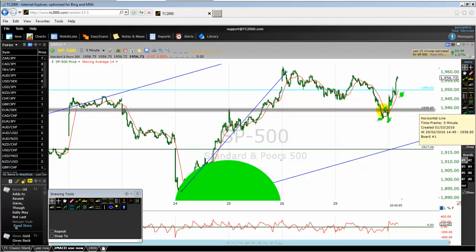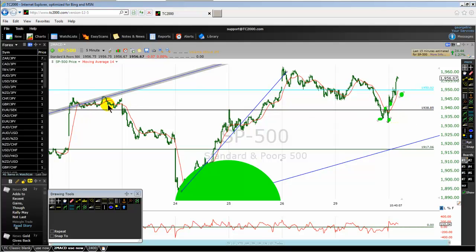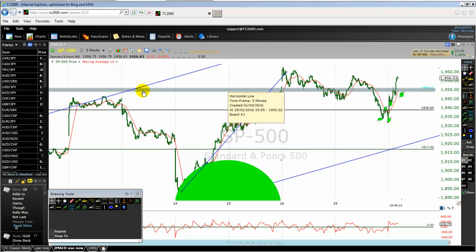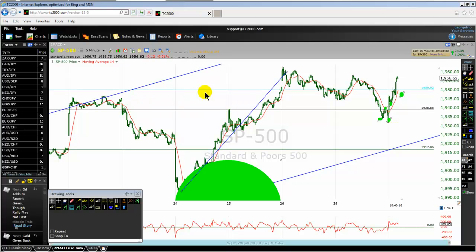The line here, this is my entry, is above a nut on the daily chart. This is a very important level. So there is a bullish progression that breaks above a very important key level on the daily chart. Now the price, you can see that as it goes above the level of 1950, there were some sellers here.